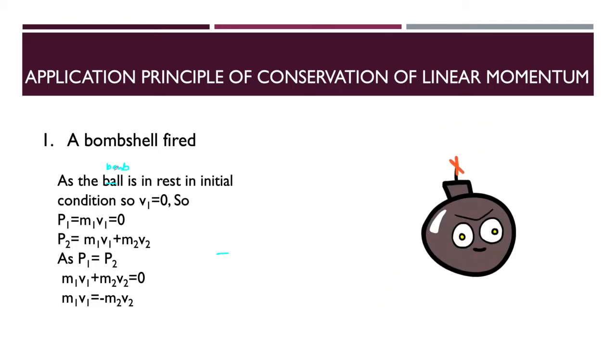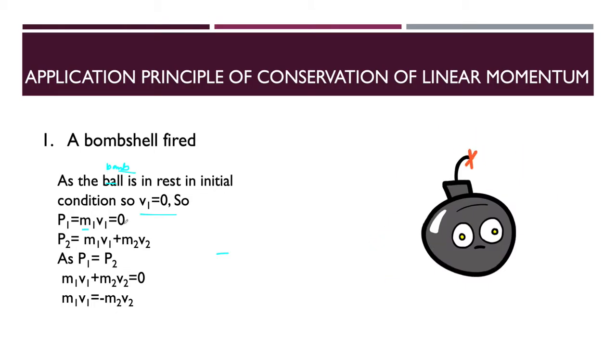When this bomb is in the initial resting condition, the initial velocity will be 0. So automatically P1, the linear momentum, will also be 0, because the mass can never be 0.